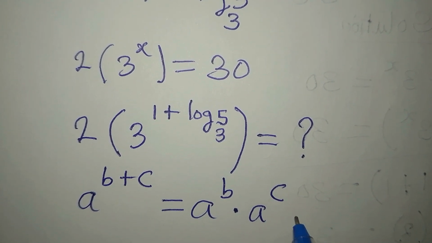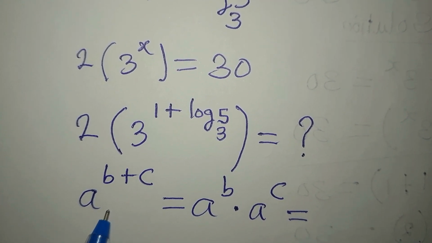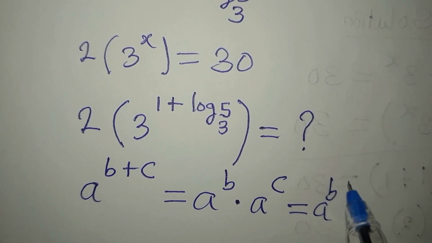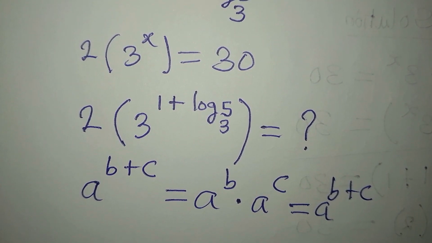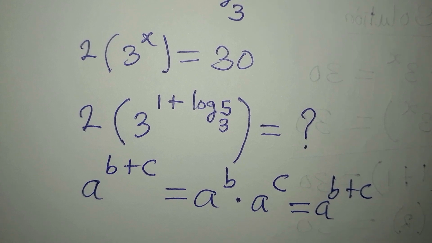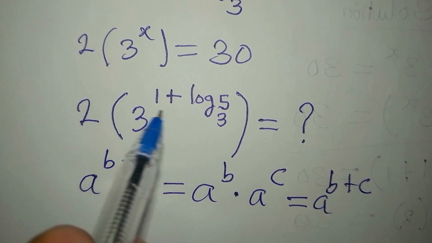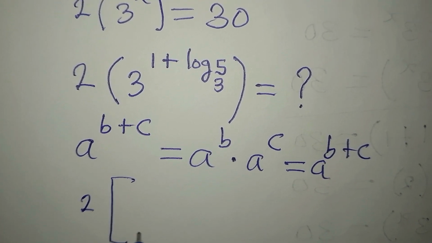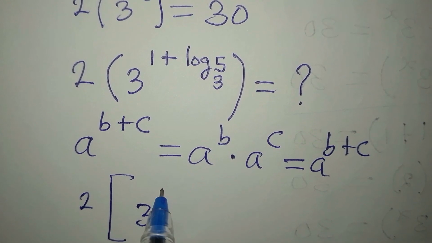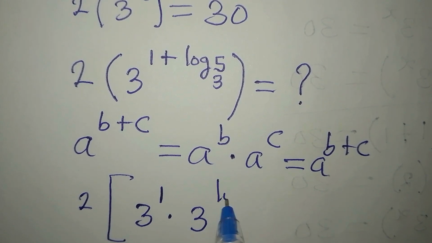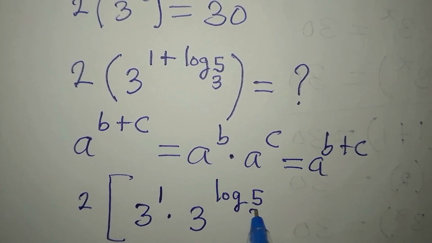Mind you, if you want to get back what you have here, pick one of the bases, which is a, and you still add b and c, because one of the laws of indices is you pick the same base and add the powers if you are to multiply. So I'm going to do the same thing here. I have 2 on the outside, then from here I have 3 to the power of 1, multiplied by 3 again to the power of log 5 to base 3.